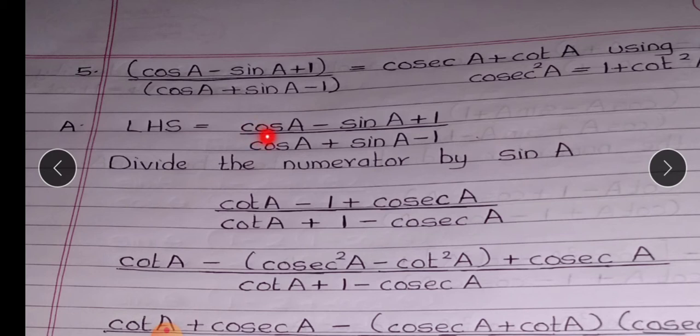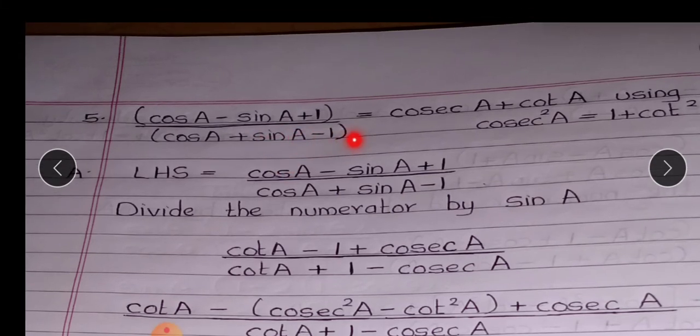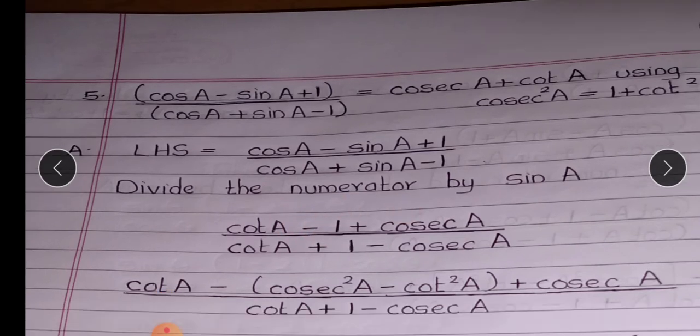Similarly, cos A by sin A is cot A. Sin A by sin A is 1. 1 by sin A is cosec A. Okay, so we converted LHS to this expression. Now, can you see 1 here in the numerator?